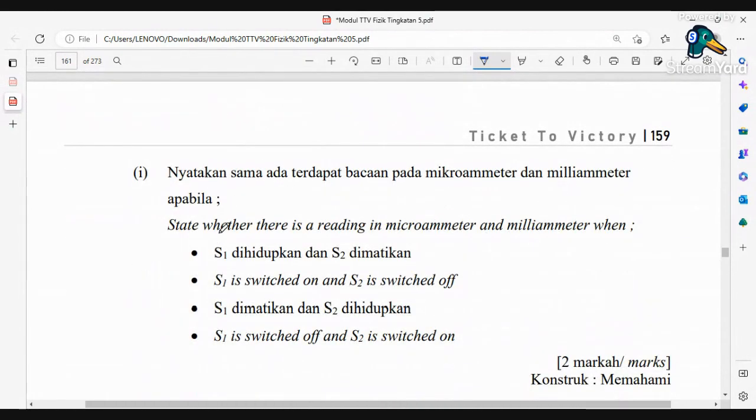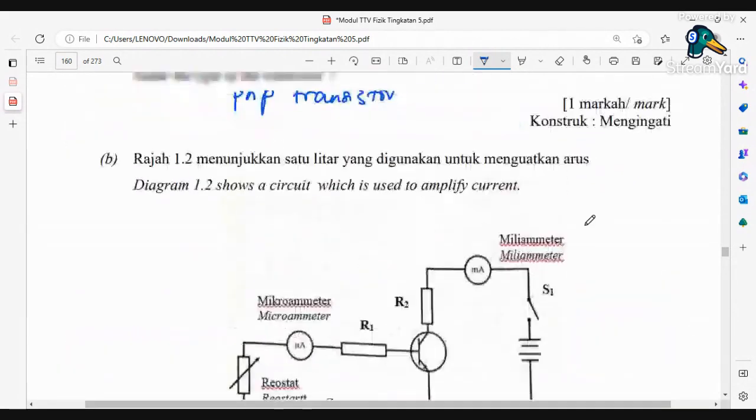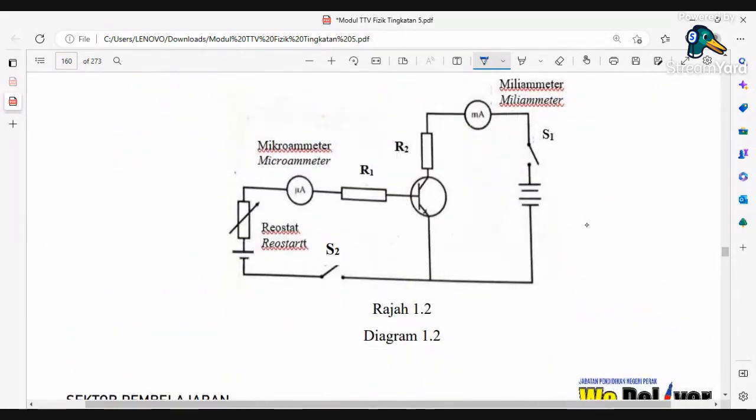Microphone. State whether there is a reading in microammeter and milliammeter when S1, S2, S1 on, S2 off. S1 on, S2 off.